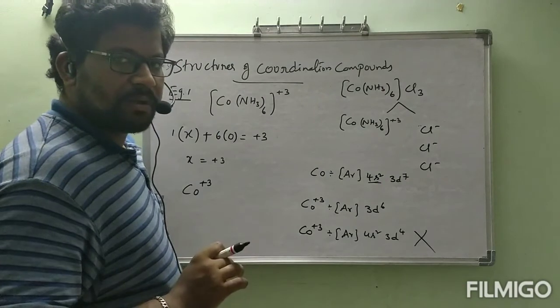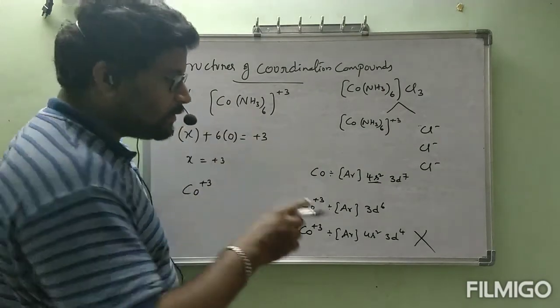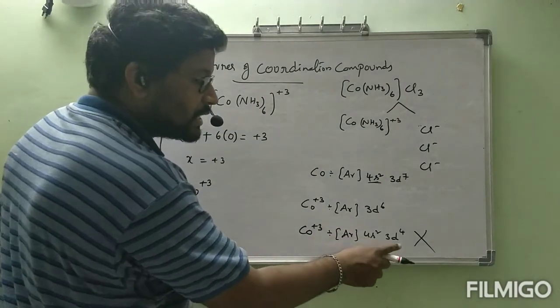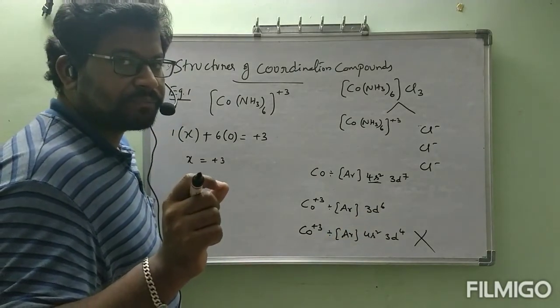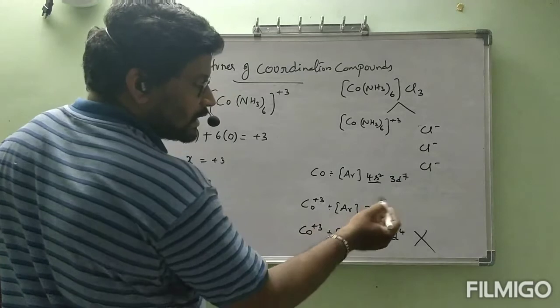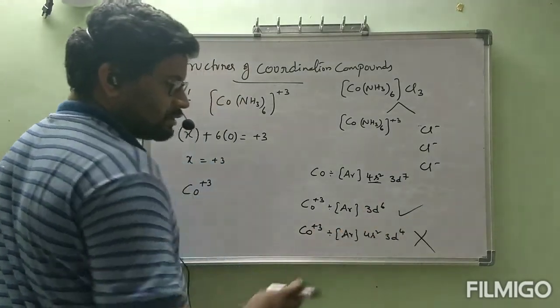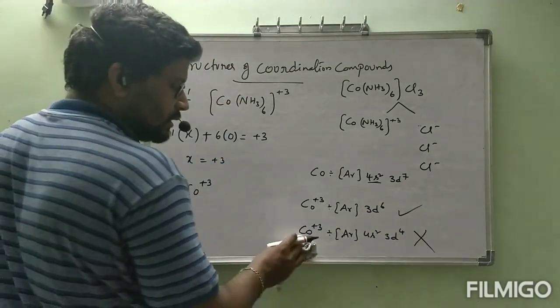That is the third shell, no problem. But without removing 4s electrons, we should not touch 3d electrons directly. Please remember this point. So this electronic configuration is correct, this is wrong. Remember carefully.